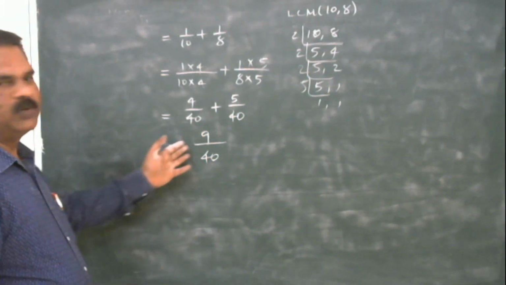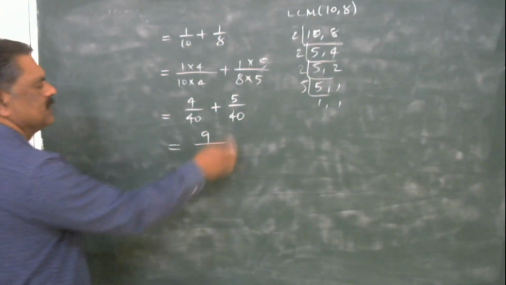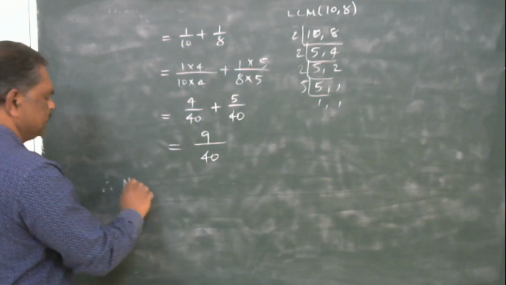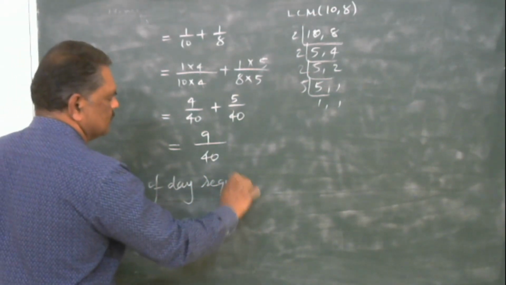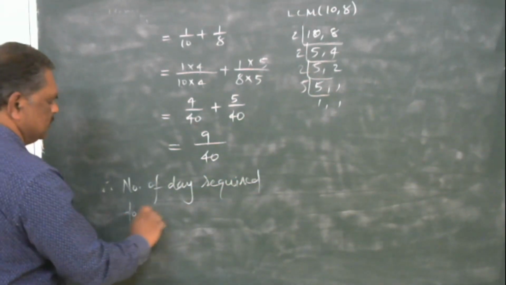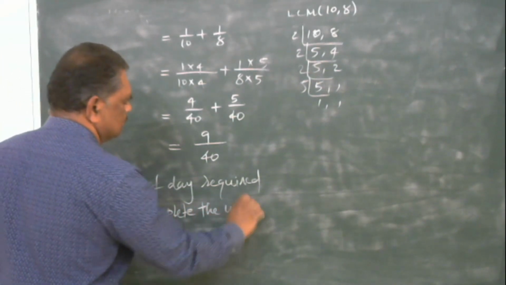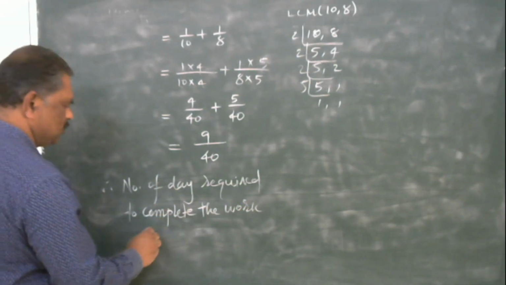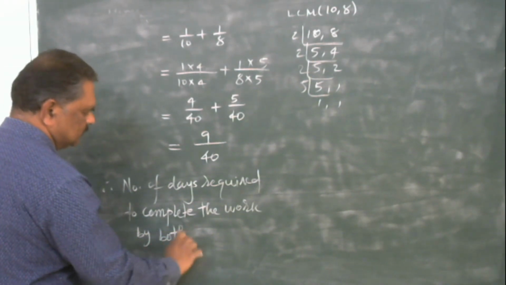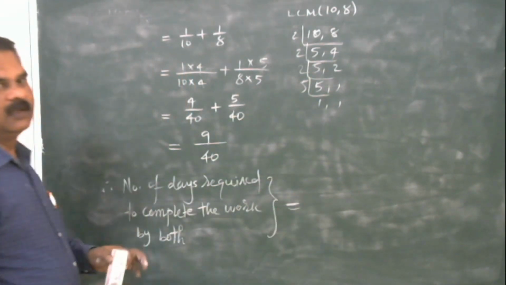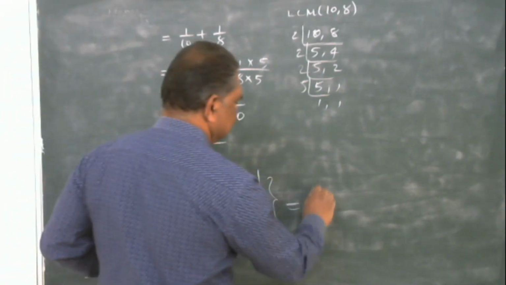So how many days will this work be completed in? It's just the reciprocal of it. Therefore, number of days required to complete the work by both. What we need to do, 1 day's work is 9 by 40, then take the reciprocal of it, that is 40 by 9.